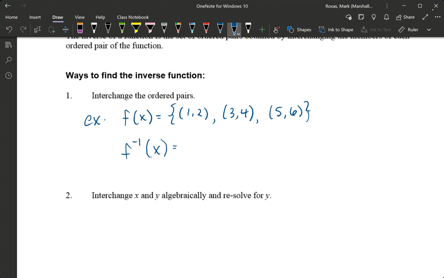I can obtain the inverse function by simply interchanging the ordered pairs. What was xy in the ordered pair in the function becomes yx in the inverse function. So this set for the inverse function would be (2, 1), (4, 3), and (6, 5).